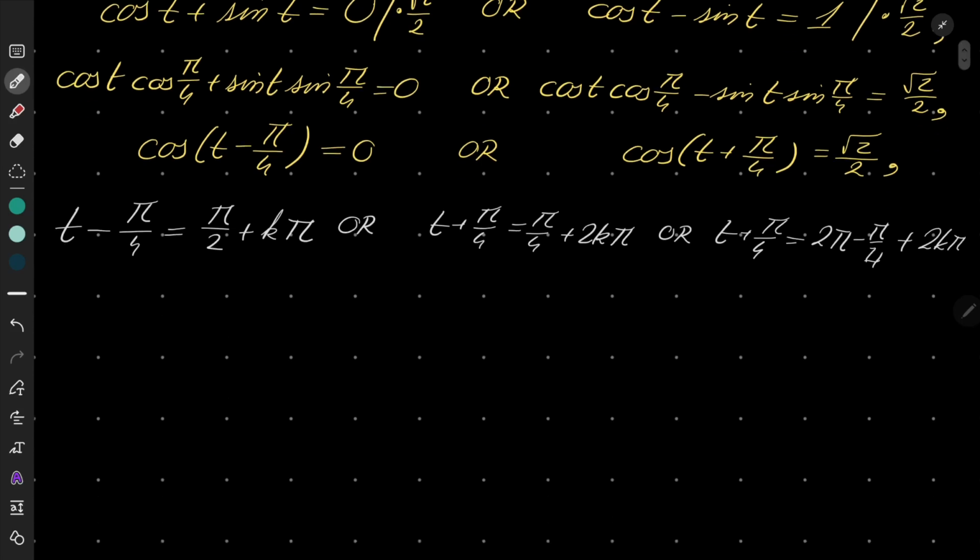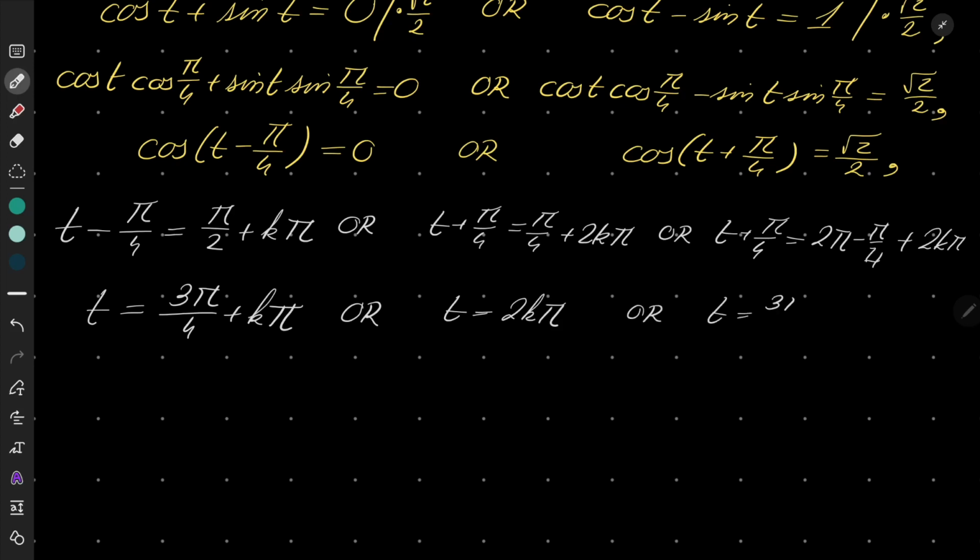Now let's simplify. t equals 3π/4 + kπ, that's one option. The second option is t equals 2kπ, or the third option, t equals 3π/2 + 2kπ.